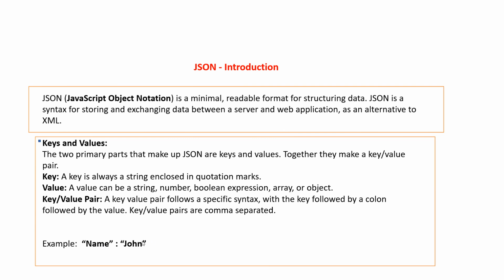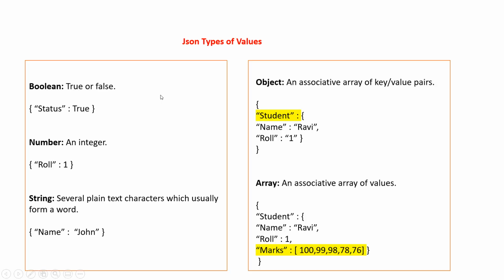We will see in the next example. Here we have taken many types of key and value. If we have a boolean, the key will be status and the value will be true or false. If we have a number, the key will be roll and the value will be the number 1.